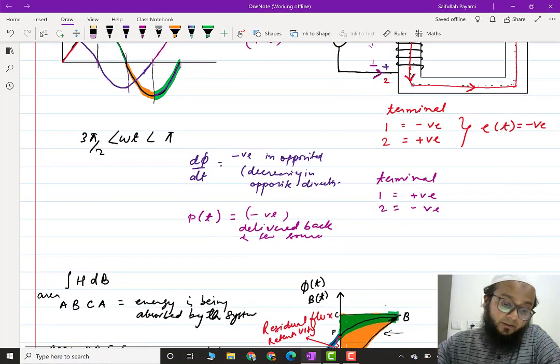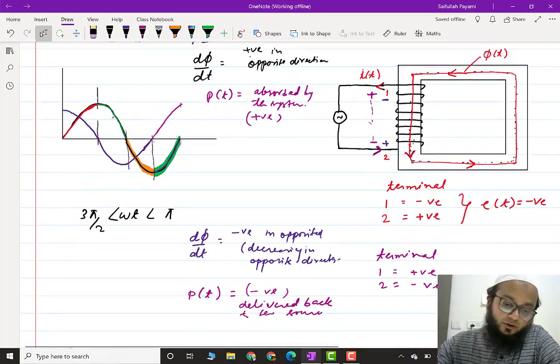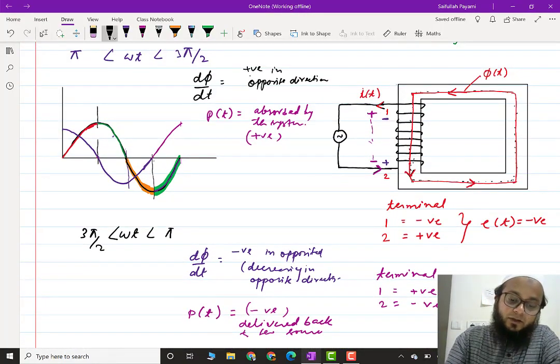When omega t is greater than pi and less than 3 pi by 2, what we have seen is that power was being absorbed by the system, that means by the core and this coil.